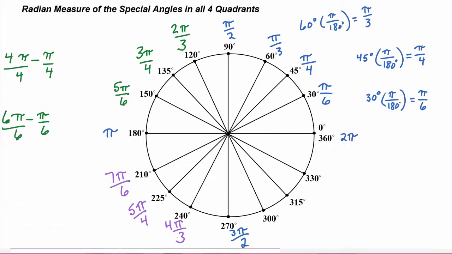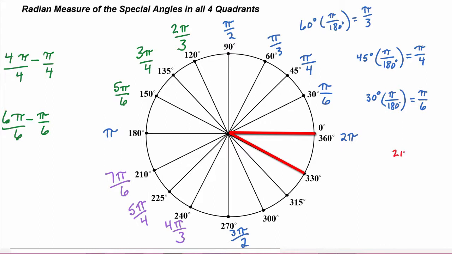Now in the fourth quadrant, we know we have to find our reference angles, if we were in degrees, by backing up from 360. So here we know from 360 to 330 in degrees, our reference angle would be 30. So instead we're using pi over 6. So we have to start at 2 pi and back up by pi over 6.